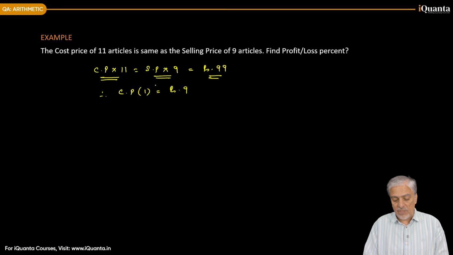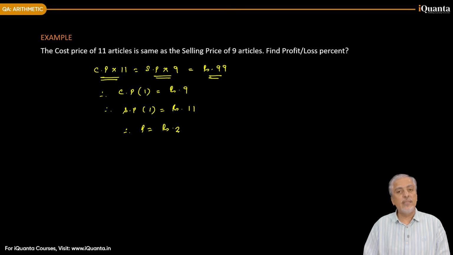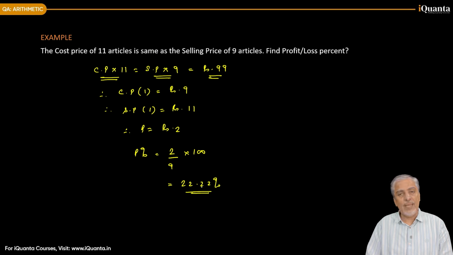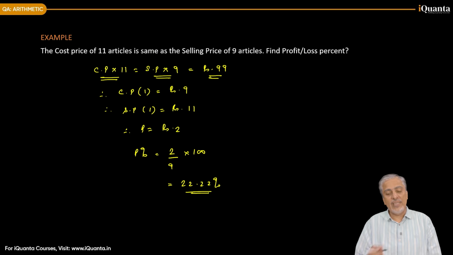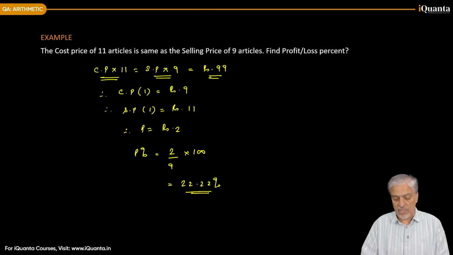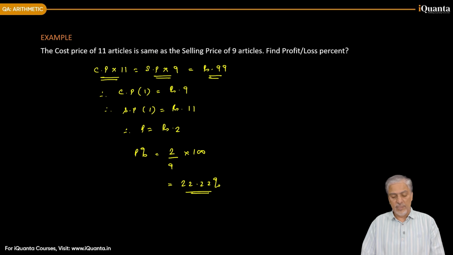And selling price of 9 articles is 99 rupees. So therefore, selling price of one article becomes 11 rupees. And you get the same thing. Therefore, profit is 2 rupees. And profit percentage is 2 upon 9 into 100, which we just said was 22.22%. So both the approaches are more or less the same, but one of them you can directly convert to a ratio. People who don't understand a ratio can do this also, right?